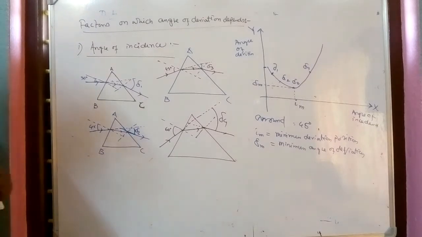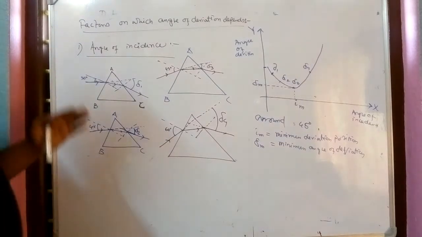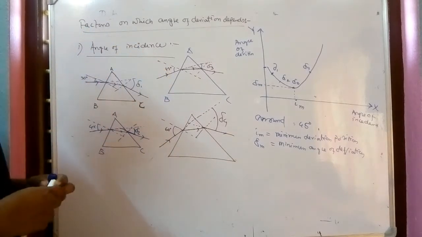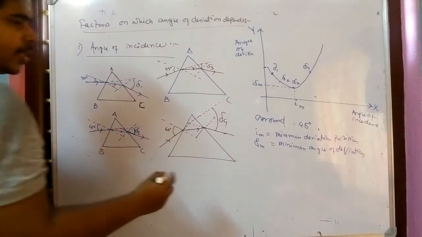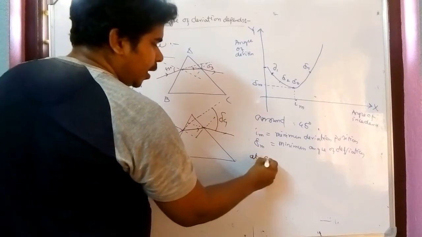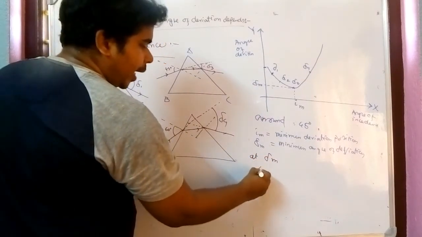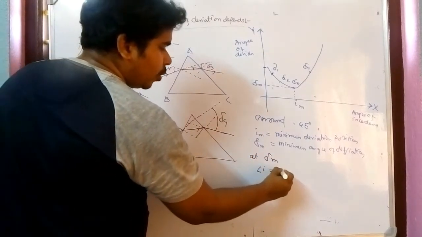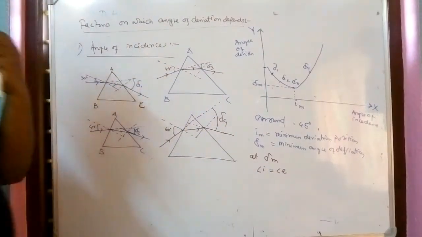Now practically, whatever we have seen, at minimum angle of deviation, that is at delta m, the angle of incidence should be equal to the angle of emergence. That is practically proved.